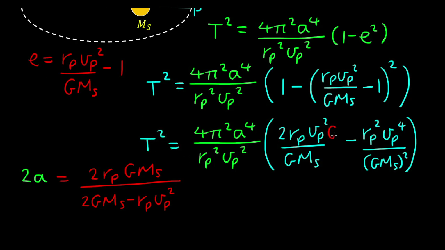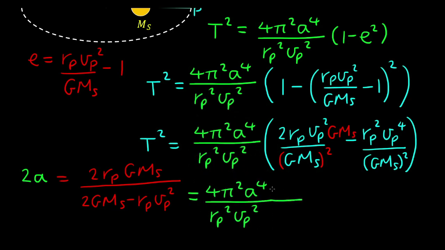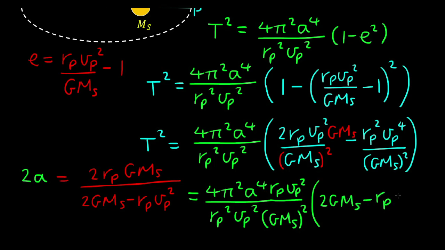And now if we multiply the first term by GMs on GMs, and we'll take this term again and factor out rp by vp squared and GMs squared in the denominator, then what we get is 2 by G by Ms minus rp by vp squared.